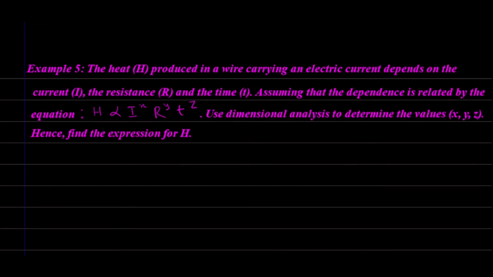Here, the question says that the heat, capital letter H, produced in a wire carrying an electric current depends on the current I, the resistance R, and the time T. Assuming that the dependence is related by the equation, use dimensional analysis to determine the values of X, Y, and Z. Also, find the expression for H. To solve this, we are going to make use of the last application, which is the establishment or derivation of an equation.